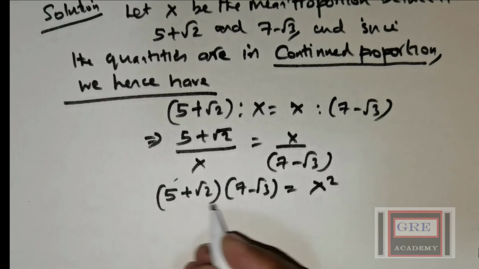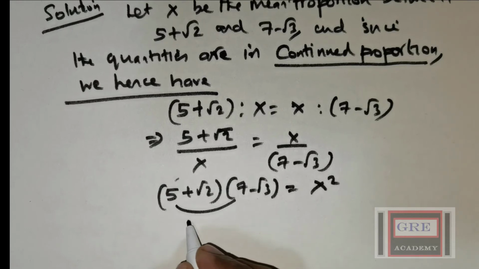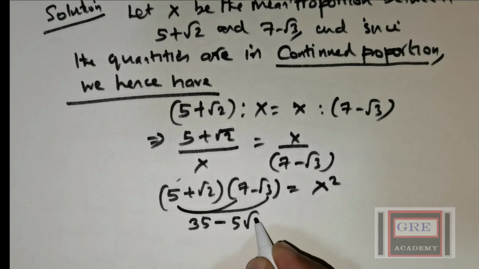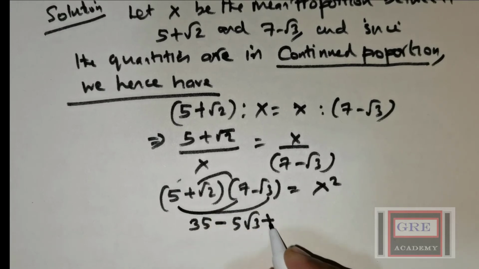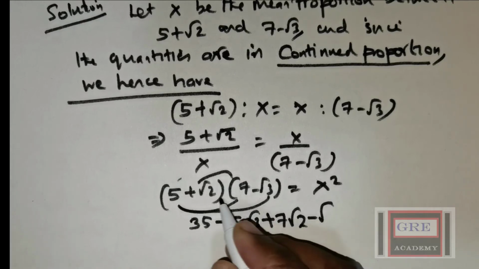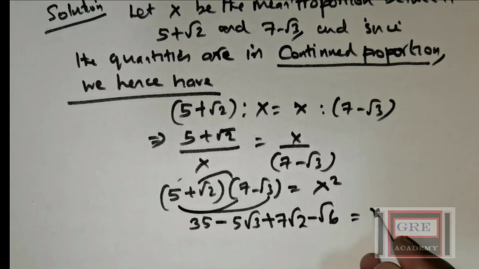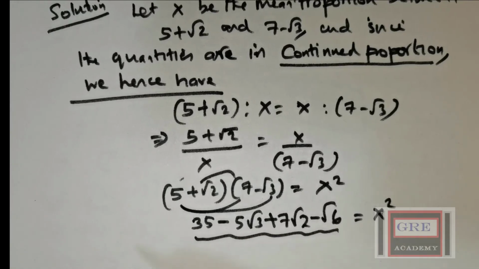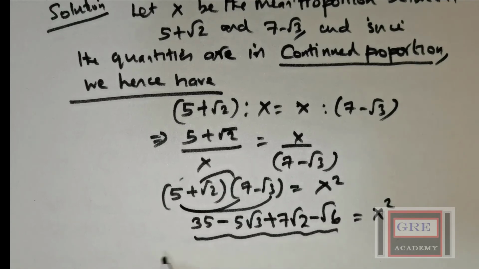And if I were to simplify this, it's going to be 5 times 7 is 35, minus 5√3, plus 7 times √2, and minus √2 times √3 is √6, equal to x². This is the value that you're getting. If you got permission to use your calculators, you can use them and simplify this. If you're not given calculators, let us see what happens.